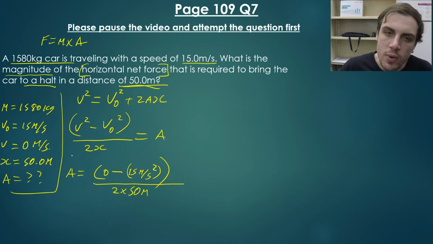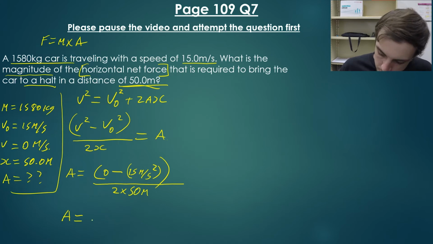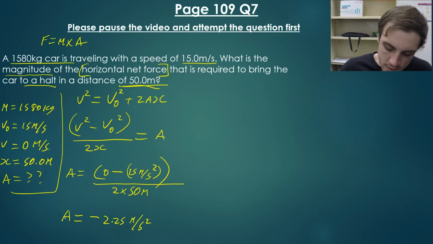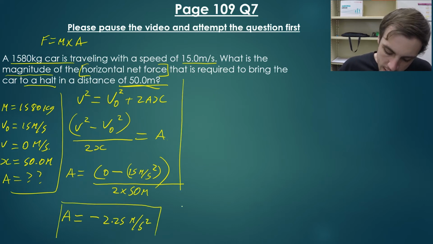That gives us our acceleration, which is equal to negative 2.25 meters per second squared. So we have our acceleration now, so that's part 1 done.